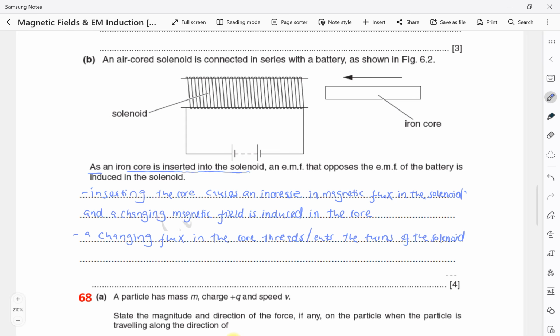This changing flux in the core is going to again cut the coils of the solenoid or the turns of the solenoid.